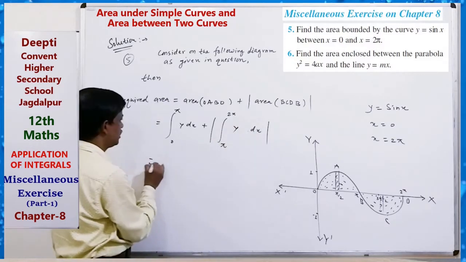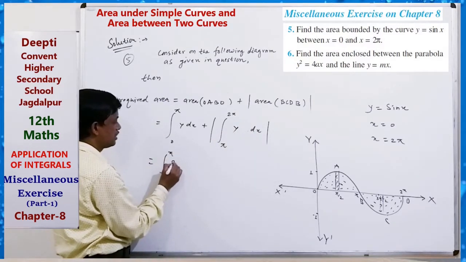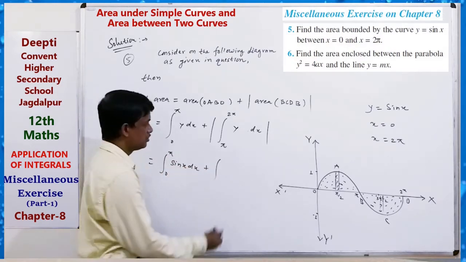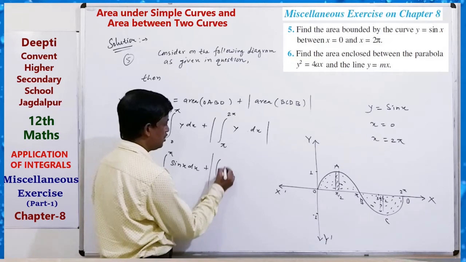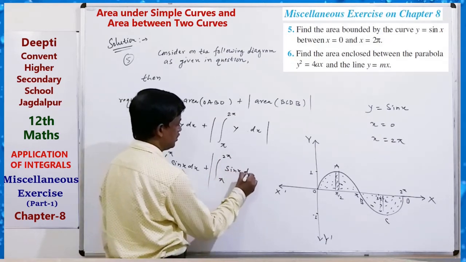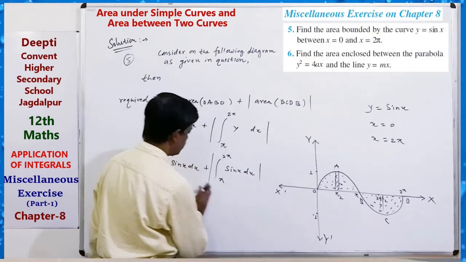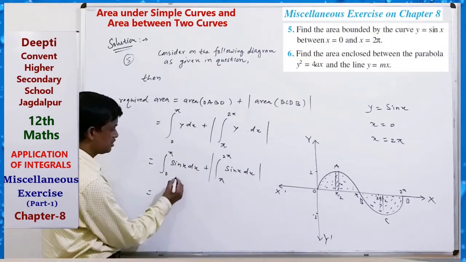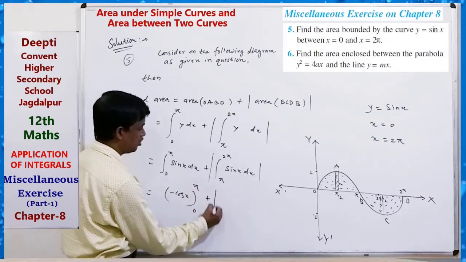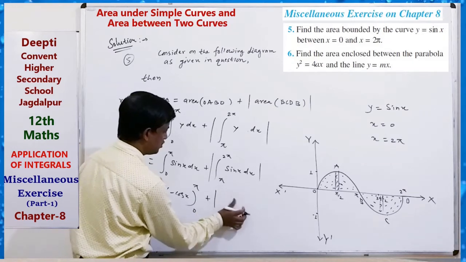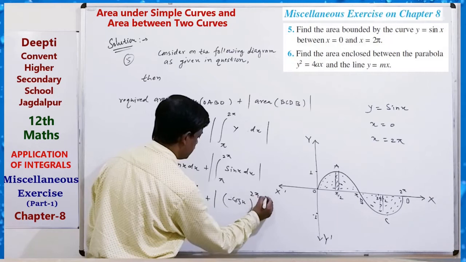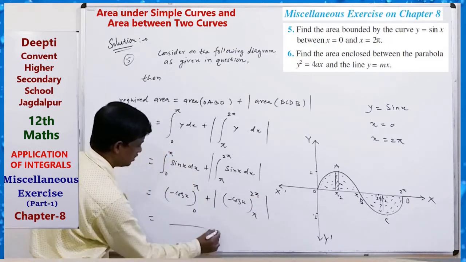So we can write 0 to pi sin x dx plus mod of pi to 2 pi sin x dx. So with the modulus sign you have to solve this integral. The integral of sin is minus cos x, limit from 0 to pi, plus modulus also of minus cos x, limit from pi to 2 pi, and you can get the result.